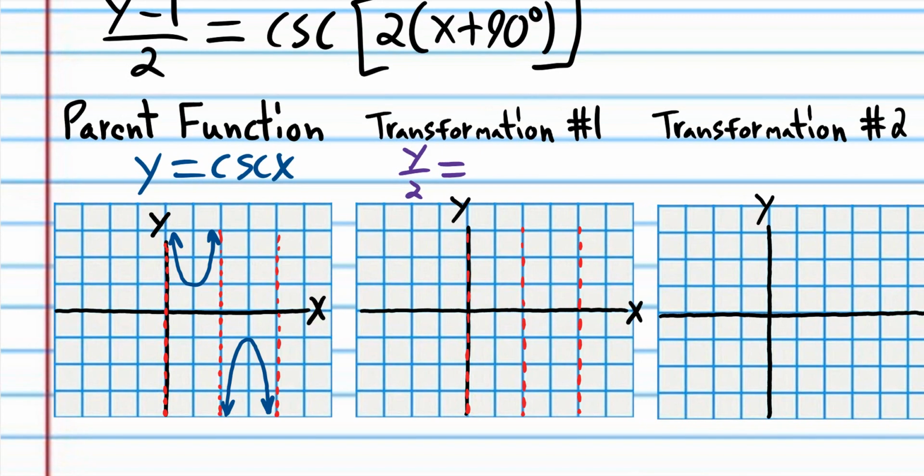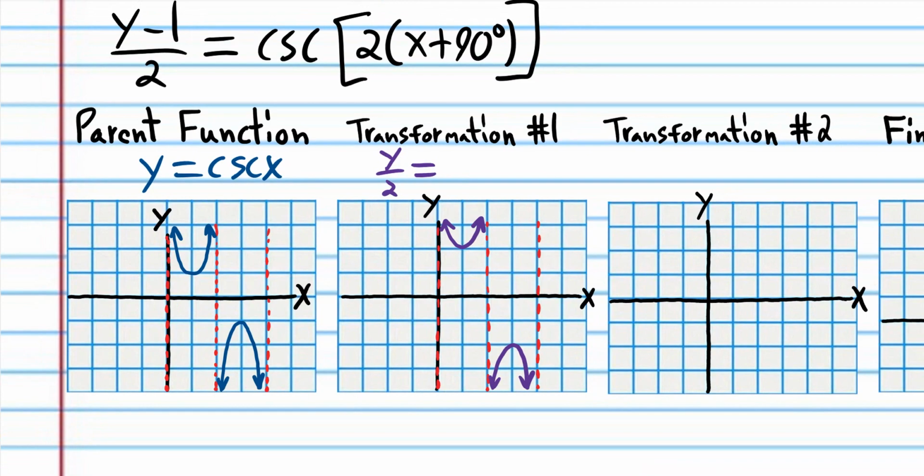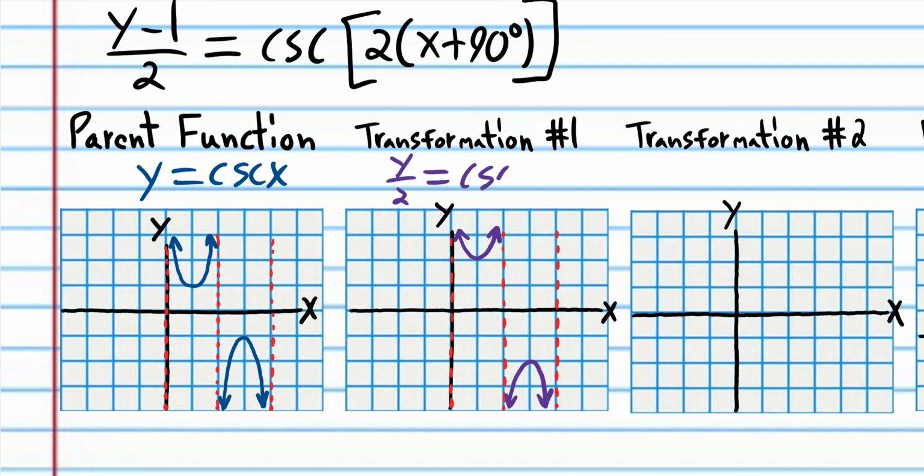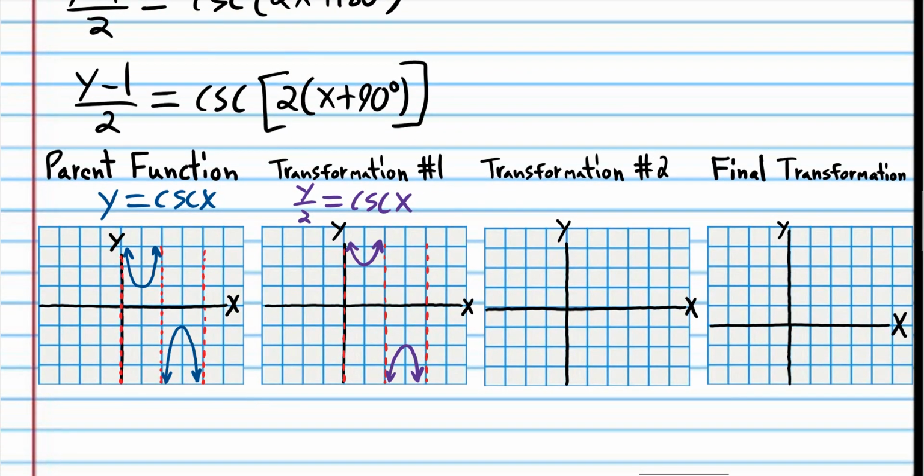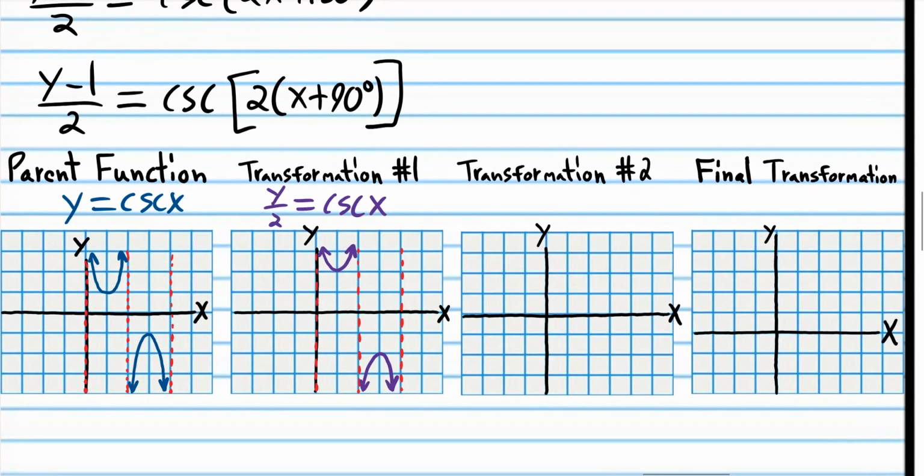So when you multiply by 2, instead of the curve coming down to y equals 1, it's only going to come down to y equals -2, or just +2, and -2 down here. So those u's got pulled upwards and they got pulled downwards. So again, we multiplied all y values by 2.